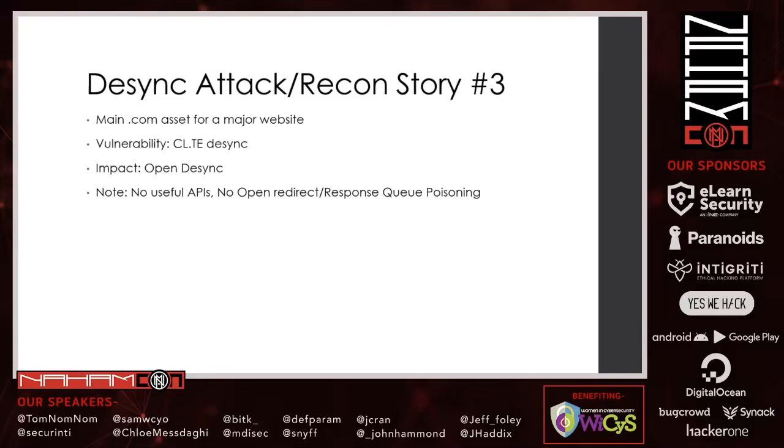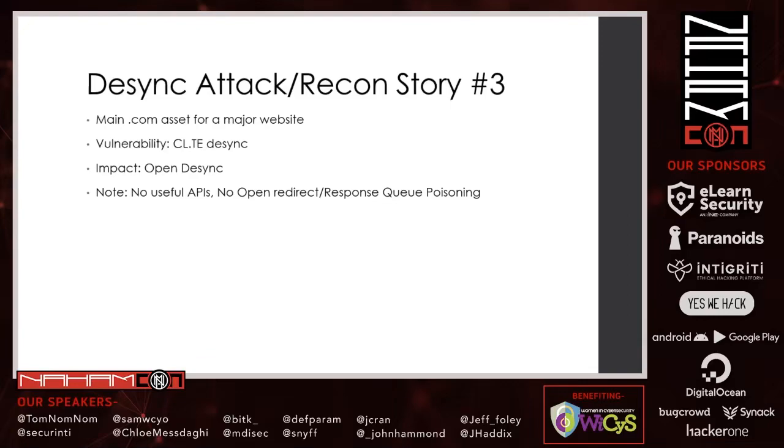So I had a main.com asset for a major website, and the vulnerability was a CLTE desync with an impact reach of an open desync, so it was a fairly serious issue. But there were no useful APIs on the server to the point where I could show any sort of significant impact.